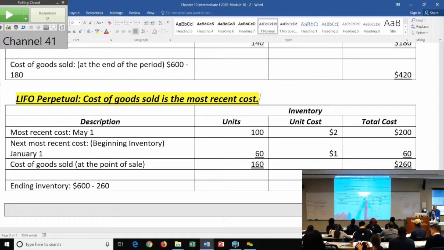If you have LIFO Periodic, last ones in are at $3, 100 at $3, the next most recent in your cost of goods sold is 60 at $2. So the problem with LIFO Periodic is that, again, you're using prices that didn't exist on the date of sale.